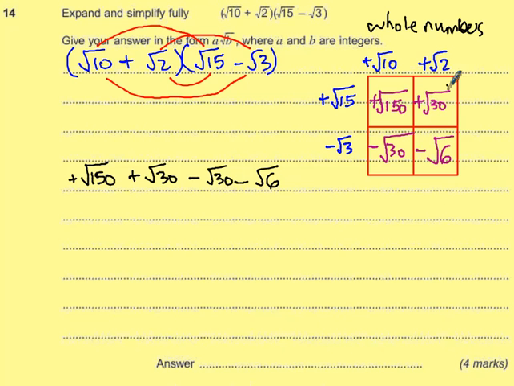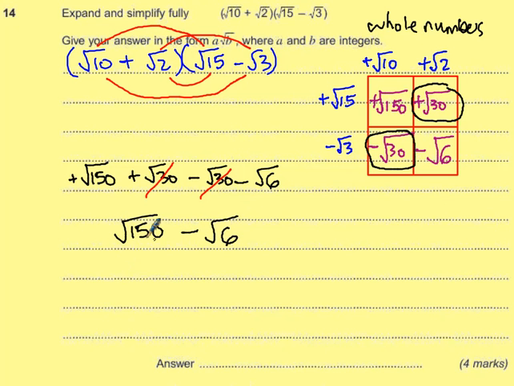So we can see that our top right hand corner and our bottom left hand corner, positive root 30 subtract root 30, they're going to cancel each other out. So these two terms in the middle are going to cancel one another out, because plus root 30 minus root 30 is 0. So we're going to be left with square root of 150 subtract the square root of 6.